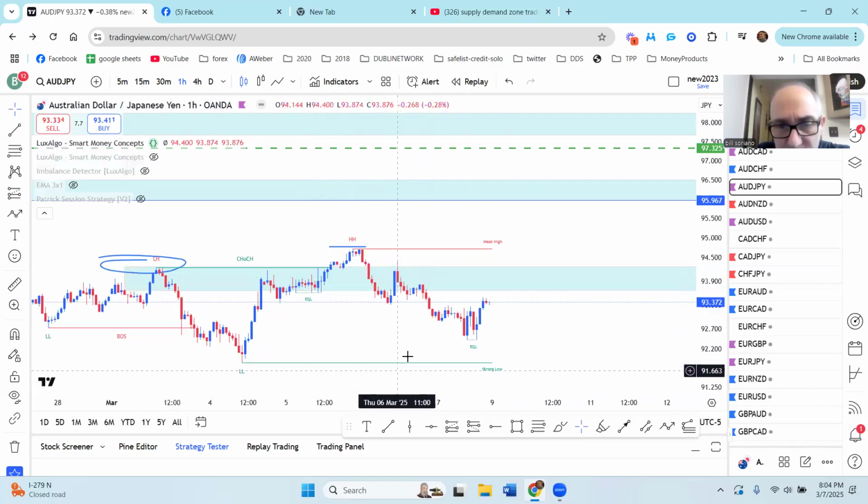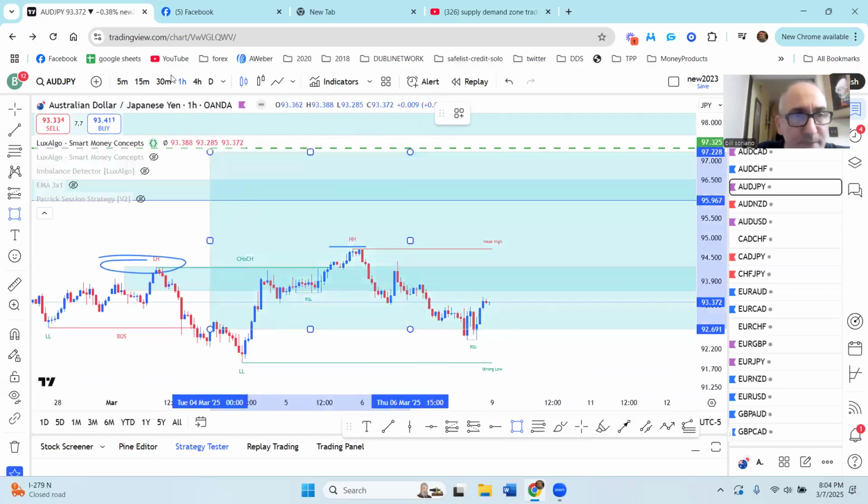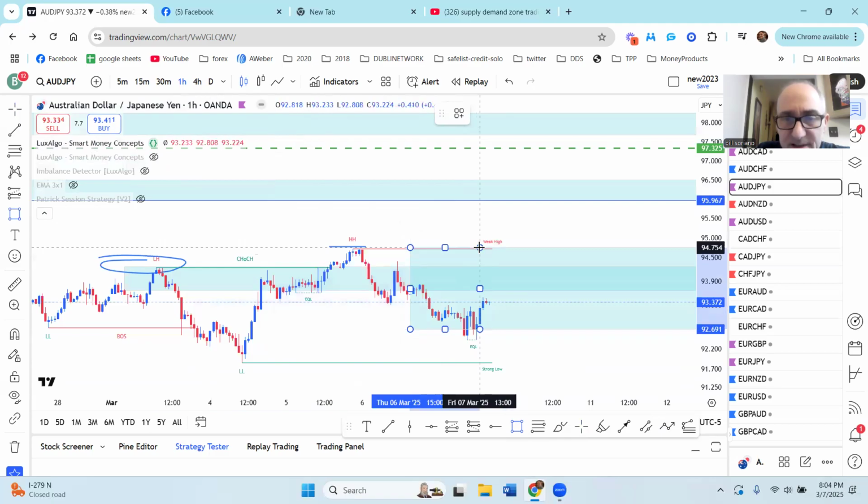And then we do have an imbalance area right here that you could see. We have this refined area, but there's just not any imbalance there. Okay. So this just didn't give us a chance to get into it.